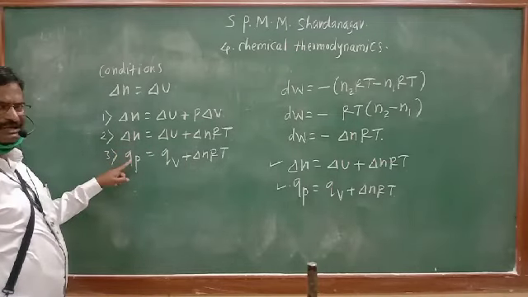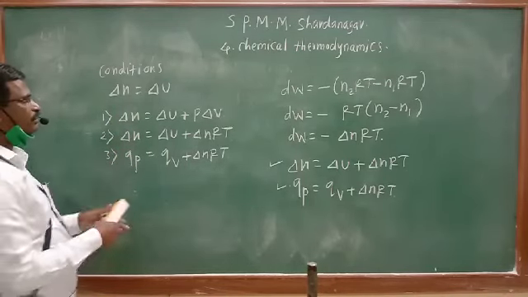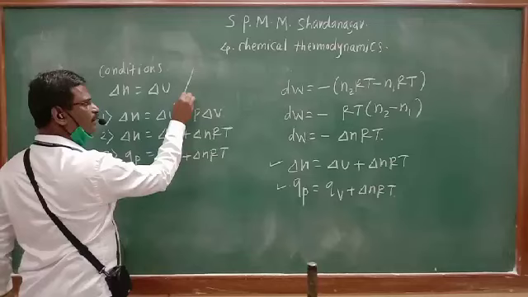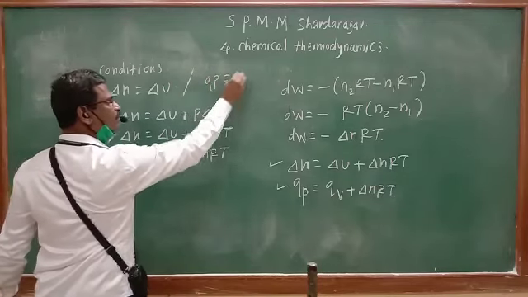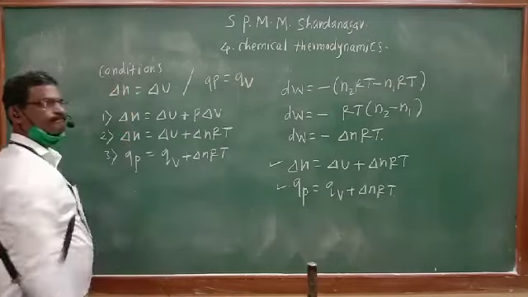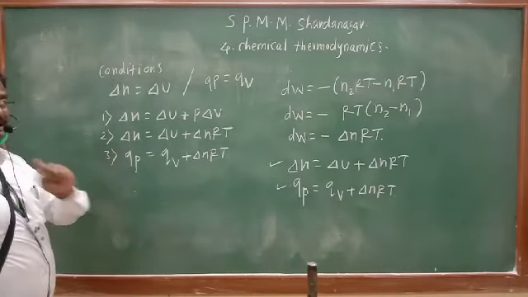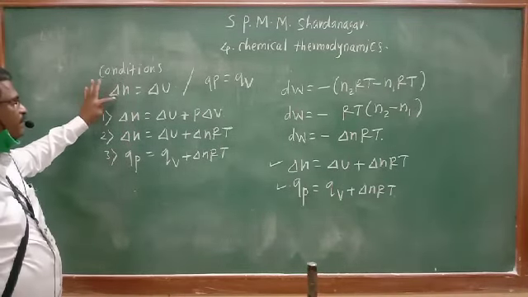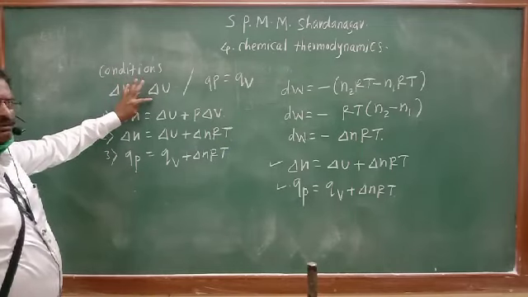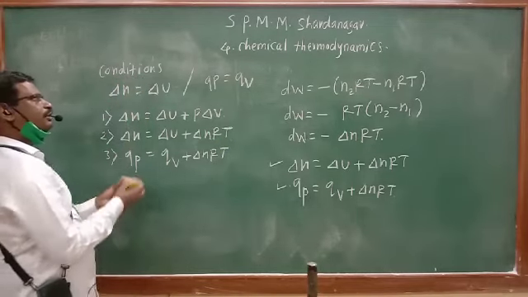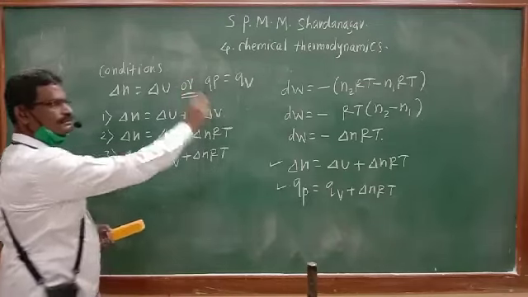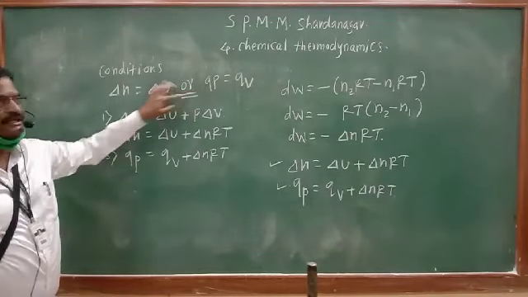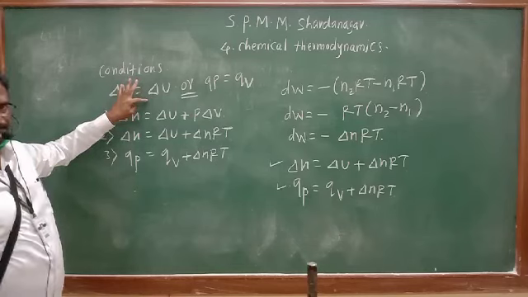This and this equation are same. Delta H is equal to delta U, or it is also termed as QP is equal to QV. We have to find out the conditions under which delta H is equal to delta U, or maybe QP is equal to QV. So what are the conditions under which this is true, that we have to find out.